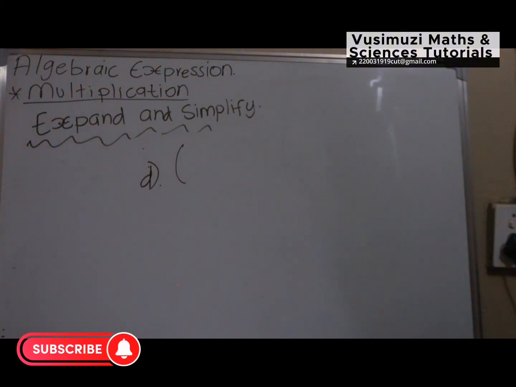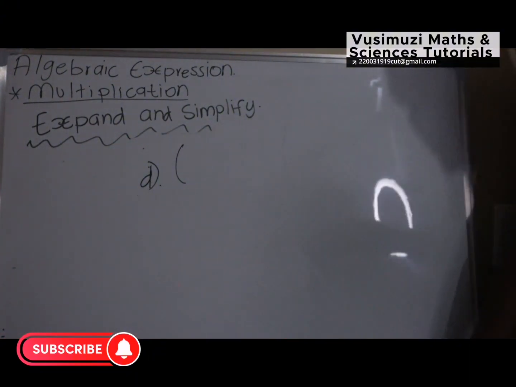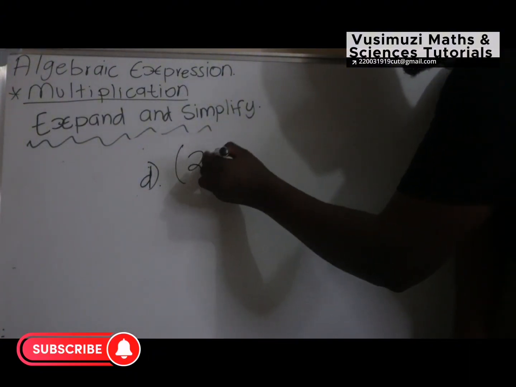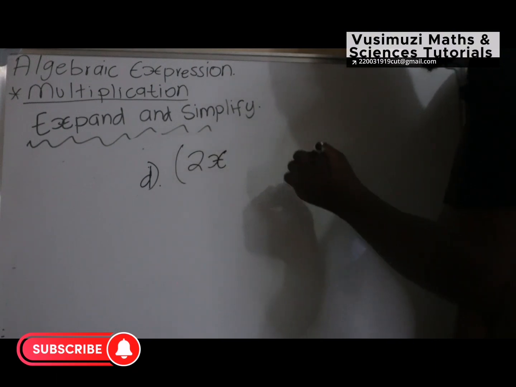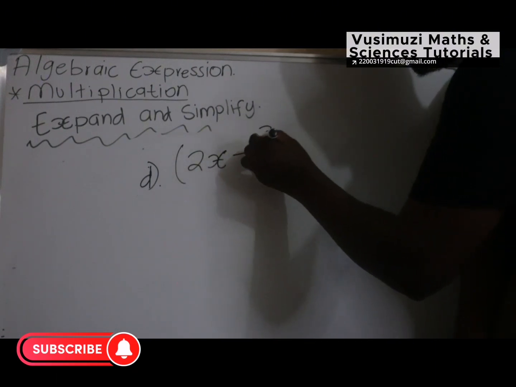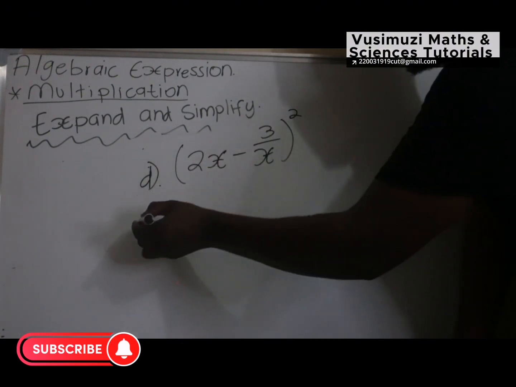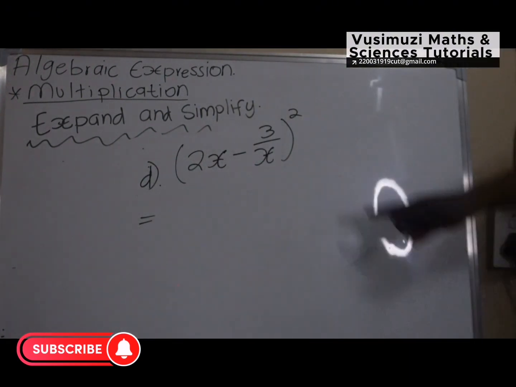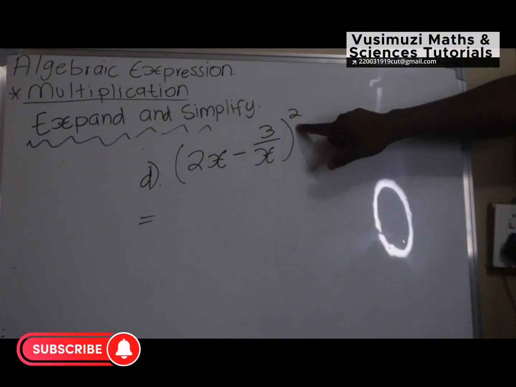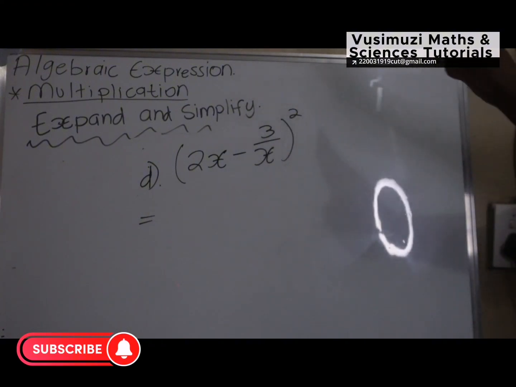So let me just change. The last one is (2x − 3/x) all to the power 2. Now this one, it means we've got 2 outside the bracket. You're going to have 2 brackets basically. That is what it means.